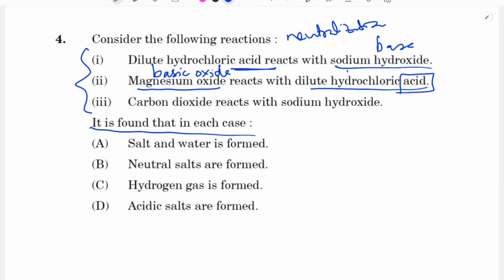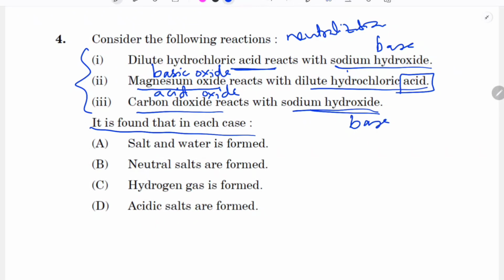So in the third case, carbon dioxide reacts with sodium hydroxide. Carbon dioxide is acidic oxide. Acidic oxide reacts with a base.